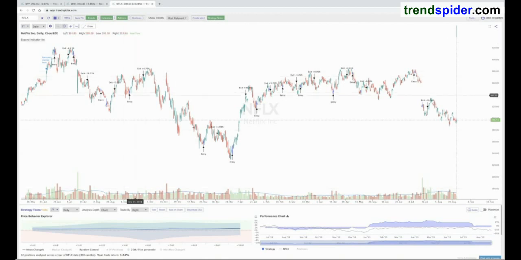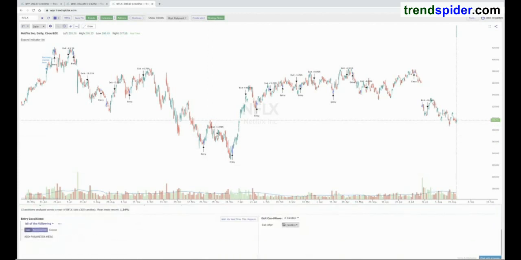So you can see here that sometimes, these blue raindrops don't always react immediately, but a lot of the time they do. You can see here, you've got a hard move down, you've got a blue raindrop and a hard move up. You've got a really hard move down here and a huge move to the upside. This says exit of 1.98%, but that's only because it's giving us the return after this 10th day, because our exit condition in this case is a length of time after 10 candles, but we actually had a bigger measured move here, which was closer to 10% rather than 2.